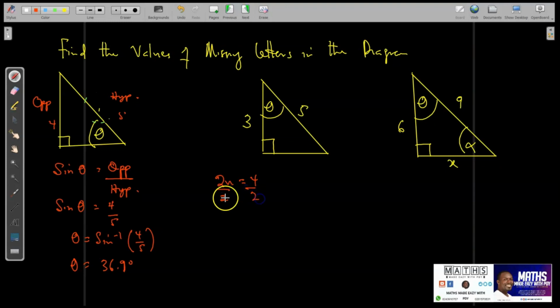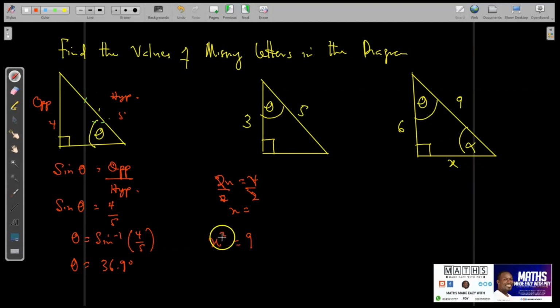Good. The same way, when it comes to operations involving sine theta equal to opposite over hypotenuse, if you want to get rid of the sine so that you are left with theta, you must find the inverse of the right hand side. Again, you have x squared equal to 9 and you want to find x.